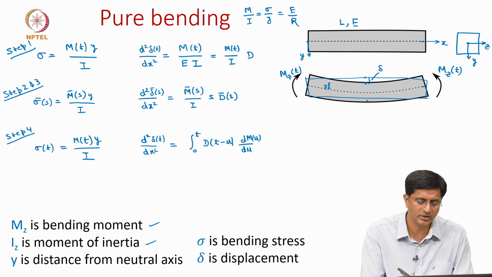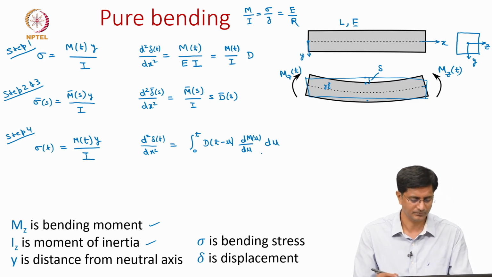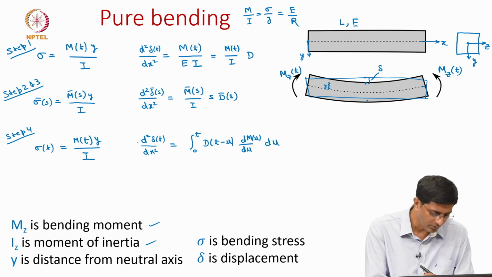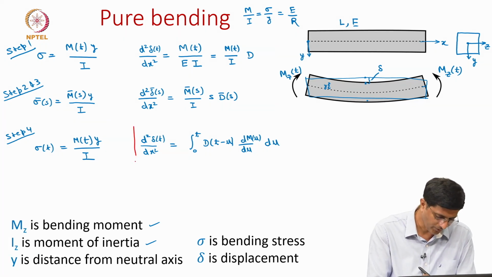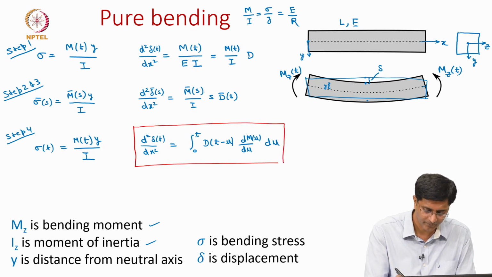Now, the moment is written in terms of the temporary time variable u, and this is multiplied with du. Okay. So, this will be the final solution for finding the deflection in the time domain.